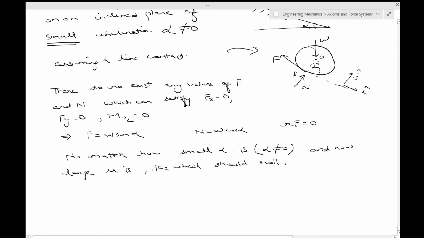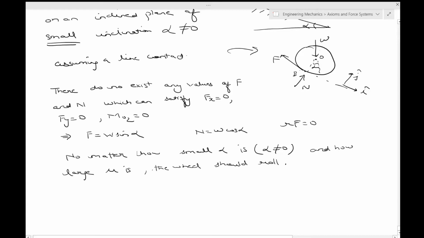But we cannot have alpha tending to 0, and the weight clearly cannot be 0. So the only way fx and fy is equal to 0 is that alpha is equal to 0, which is not allowed. So that is why we are saying that there do not exist any values of f and n which can satisfy this. Now the next claim is no matter how small alpha is and how large mu is, the wheel should roll.